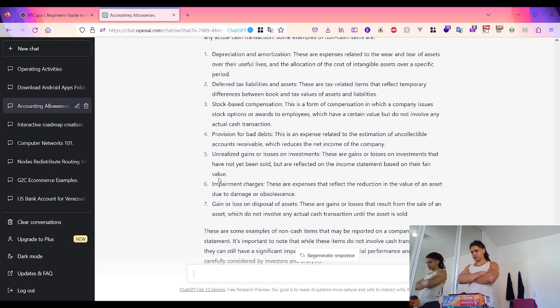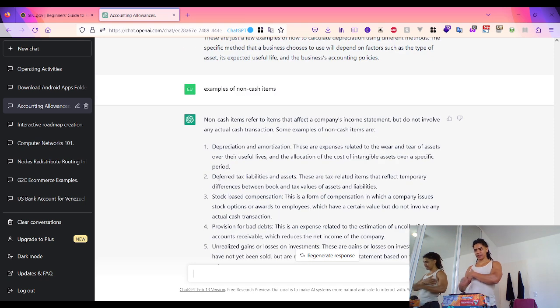Gain or loss on disposal of assets. Again, these non-cash items are items that affect the income statement but don't involve any actual cash transaction.